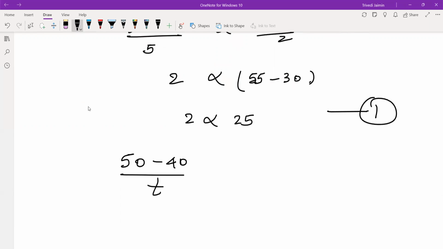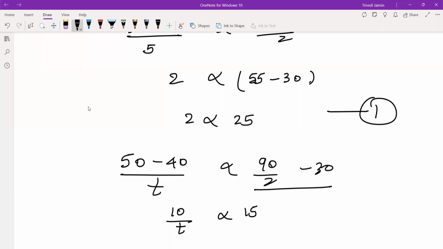Here we don't know what the time is. It is proportional to 90 by 2 minus 30. 10, again 10 by t is proportional to 45 minus 30, that is 15. This one, 40 plus 50 is 90, 90 by 2 is 45, 45 minus 30 is 15. You understood this one, right?